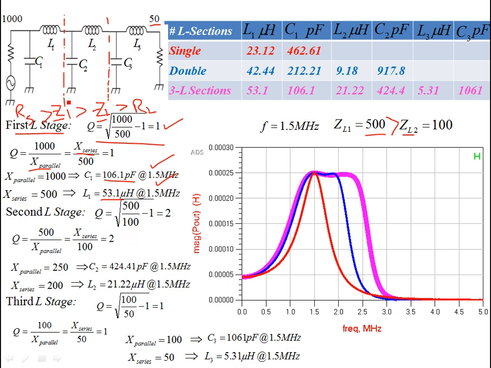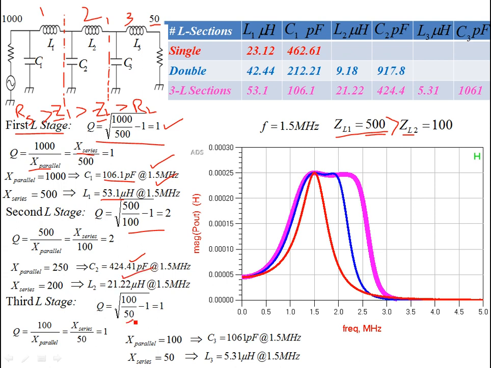Then for the second stage, the high impedance is 500, low is 100. This is the first stage, this is the second stage, then you have the third stage. You find out the Q and then find the reactive elements. Do it for the third stage as well.